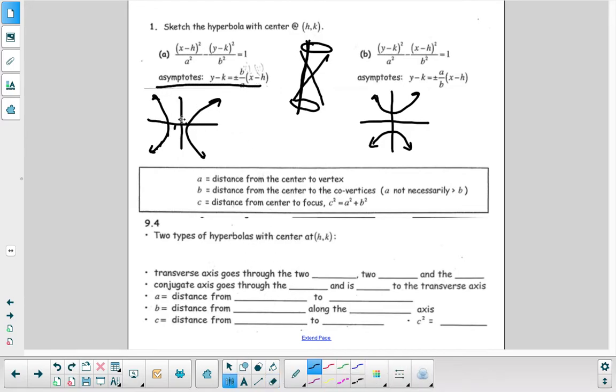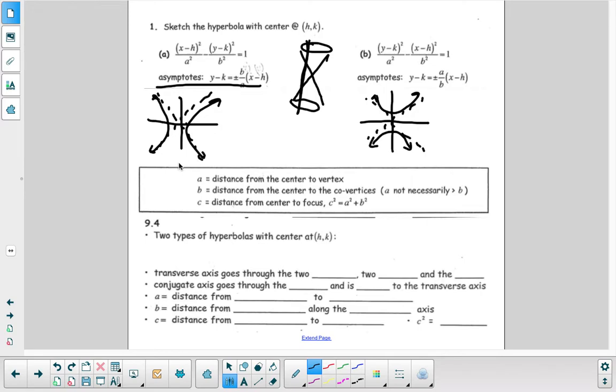And you are going to graph these. It's going to help you basically graph the entire thing. When I do these, I graph 3 coordinates. I graph the center, I graph the 2 vertices, and then I basically just try to get this to look like a curve and get it close to the asymptote within the graph.